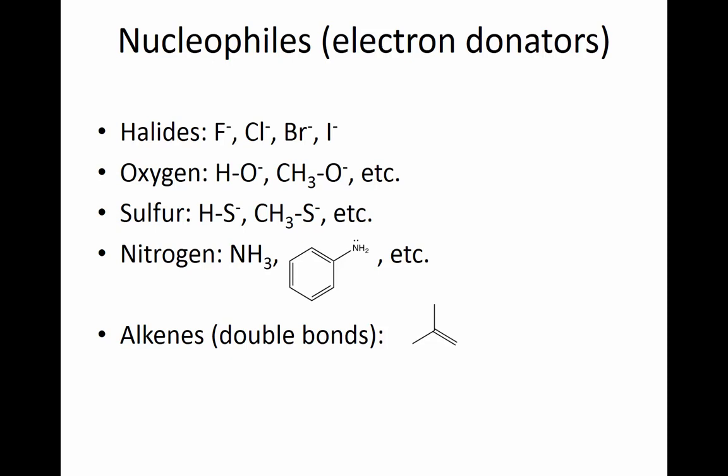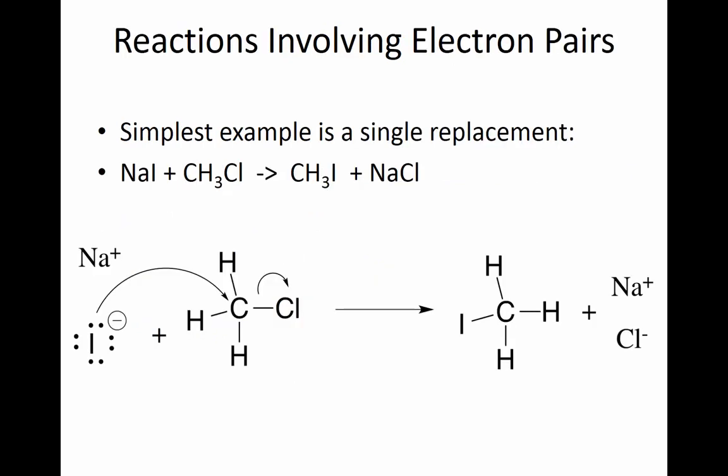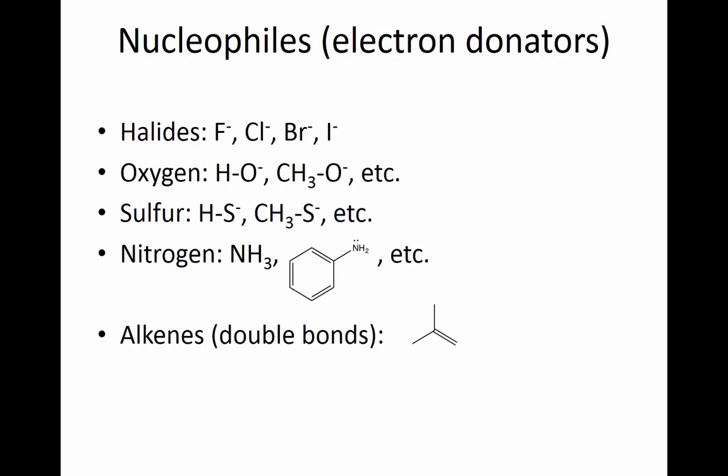Okay, so what are the nucleophiles? Here are some examples of nucleophiles. These are the electron donators. And you can see that a lot of these are negative, so it's not surprising that they might be electron donators in this case. The halides, like fluoride, chloride, bromide, and iodide. And of course we saw that here with iodide acting as the nucleophile. Oxygen in the OH of an alcohol perhaps, or just the OH of a base.